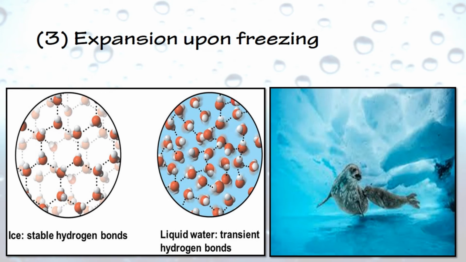Also, this is very useful in polar regions where organisms in aquatic bodies can survive during winter. Because floating ice forms a layer of insulation on top of the lakes and seas. This layer insulates the water below it, allowing aquatic animals to stay safe.